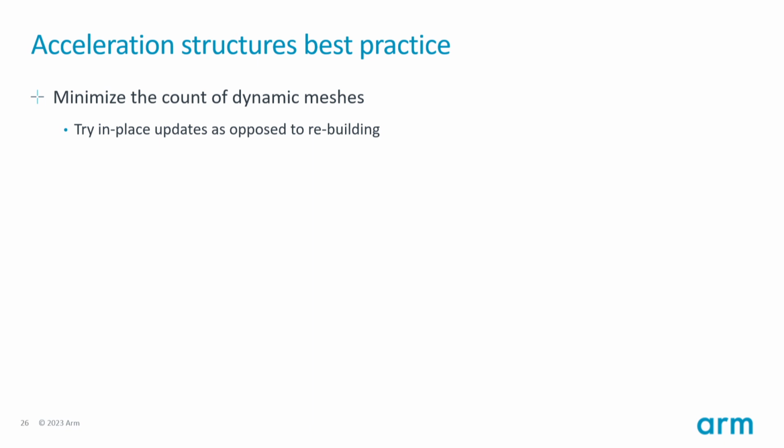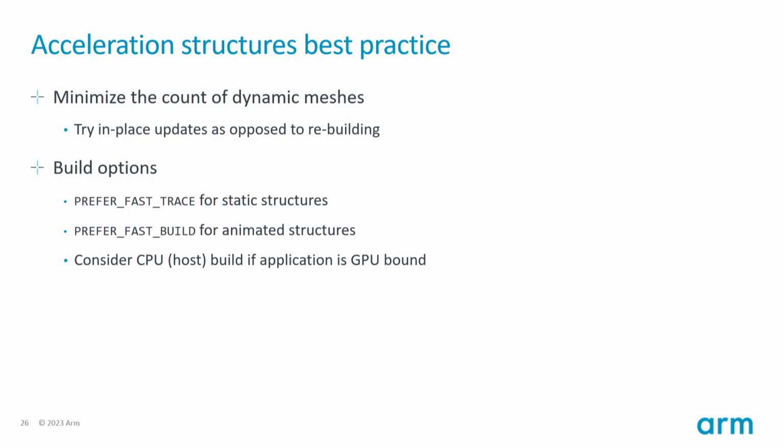Then when we build an acceleration structure, you can also provide flags that give hints to the implementation in order to use the most efficient algorithm to build the structure.